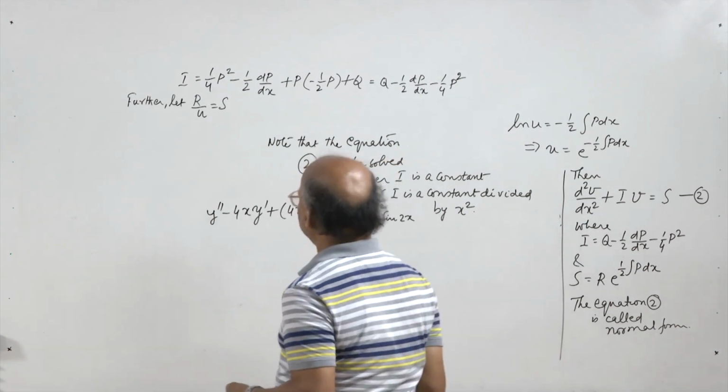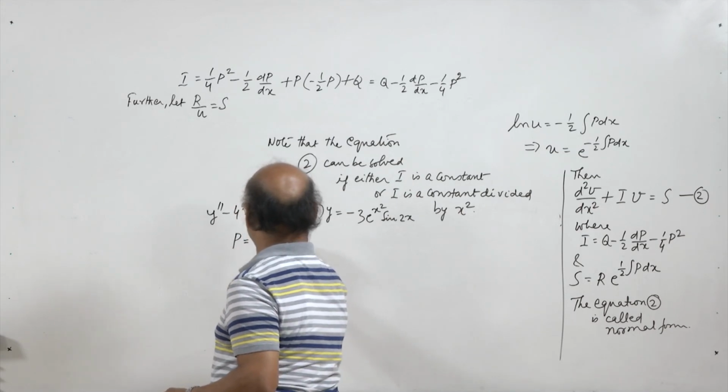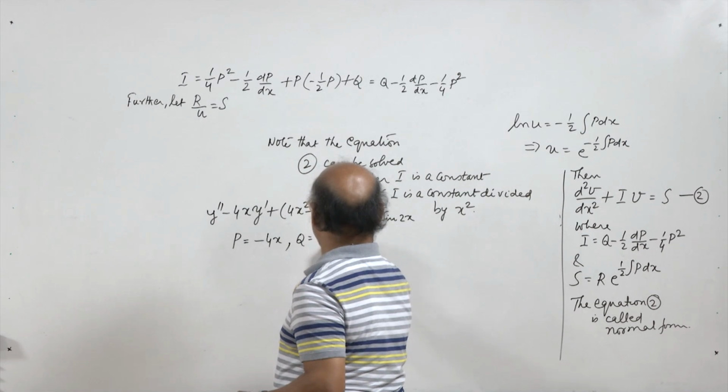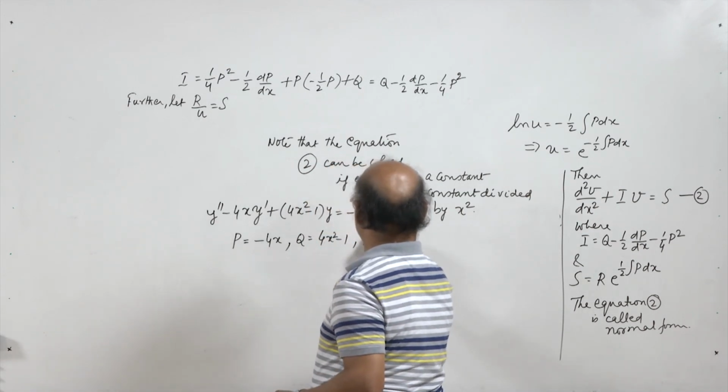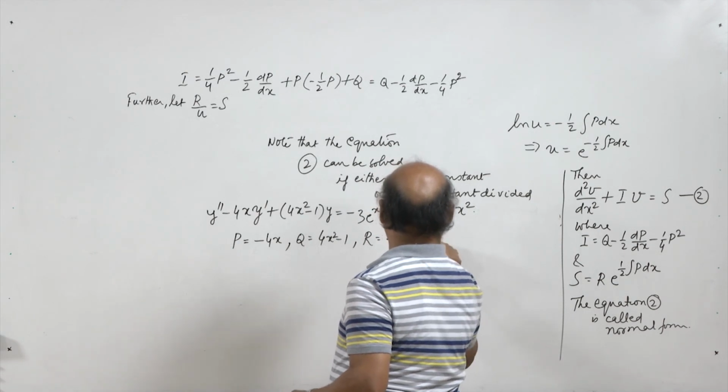When we compare it with the standard form, we have the value of p equal to minus 4x, q equal to 4x square minus 1 and r equal to minus 3 e to the power x square sin 2x.